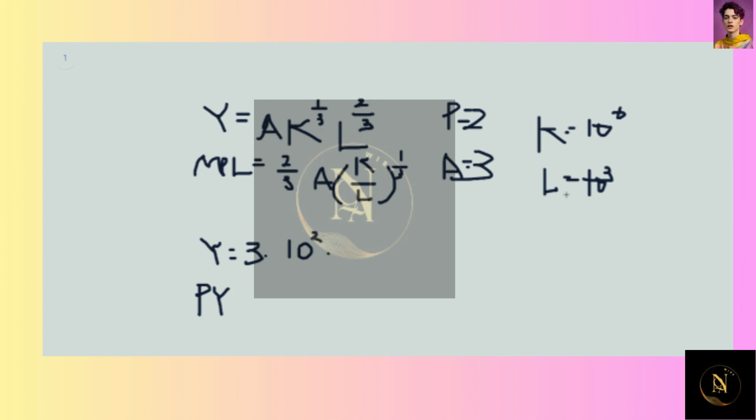And then L to the power of 2/3, which is 10 to the power of 2. So Y is 30,000, so 3 times 10 to the power of 4, right? And what about the value? So we multiply this output amount by the price here, so it is going to be 60,000.